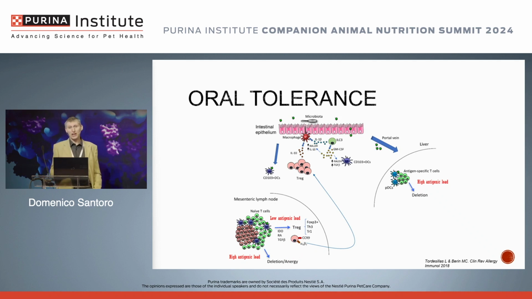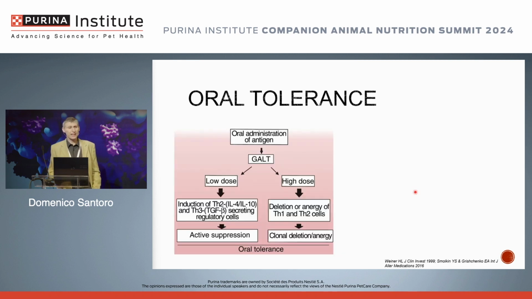So those are the two mechanisms of central and peripheral tolerance that we are accustomed to. And if you have a high antigenic load that can find its way to the portal vein, then you have a deletion in the liver as well. So tolerance is essential. Tolerance can be driven by different types of mechanisms.